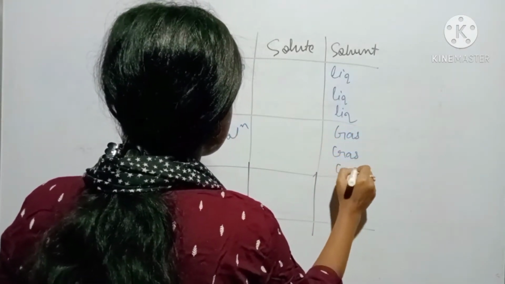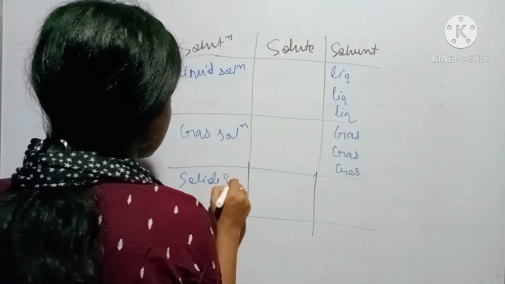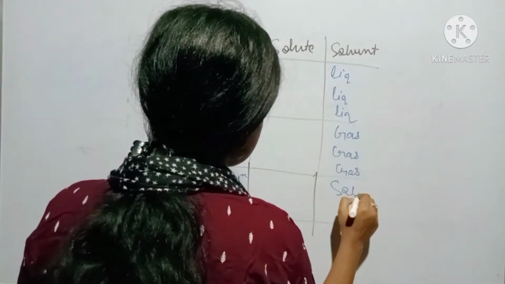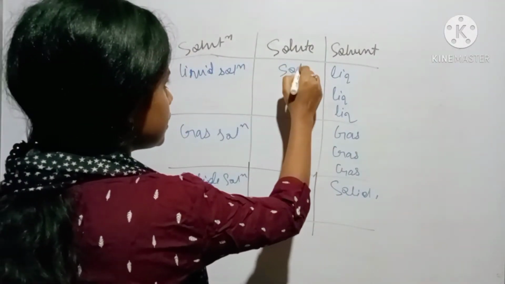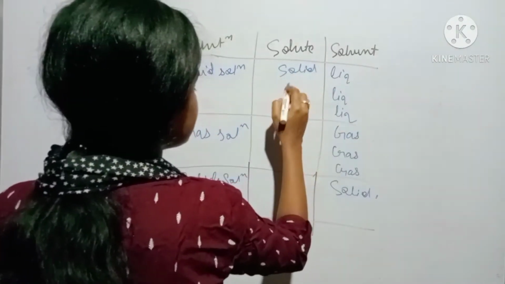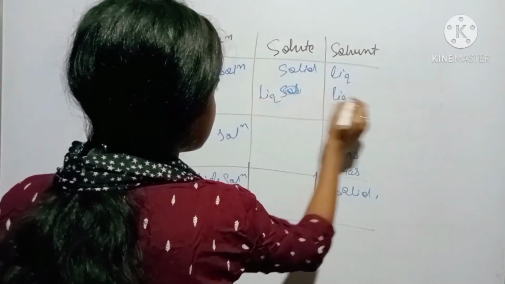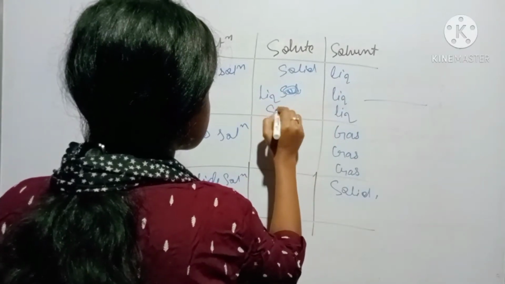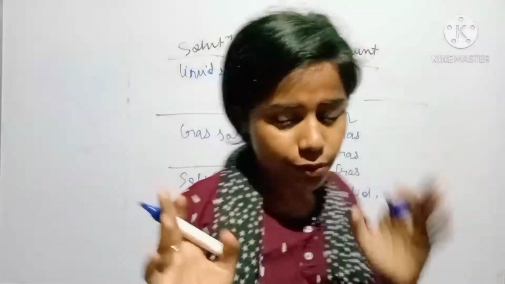And if the solution is a solid solution, then the solvents are solid. That's it. And there are some examples. If we take solute as solid in liquid, there is some example. If we take liquid in liquid, there is some example. And if there is gas in liquid, then there is some example. You have to remember these things.